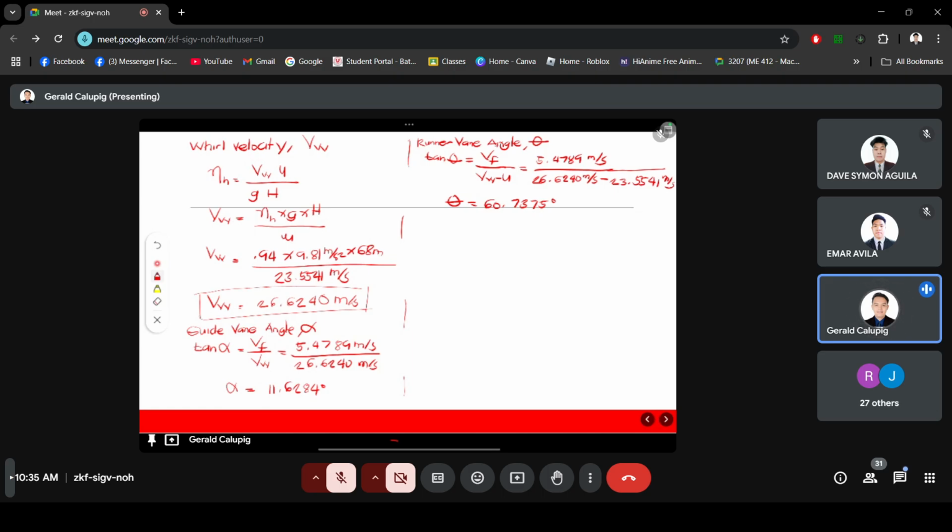Next we need to have the angle phi. Okay, so the angle phi is usually equal to VF1 over U1. Okay, U sub 1. That is for the inner.